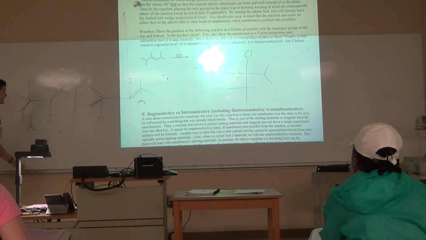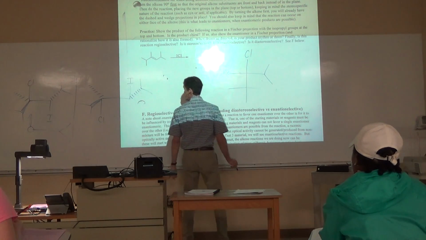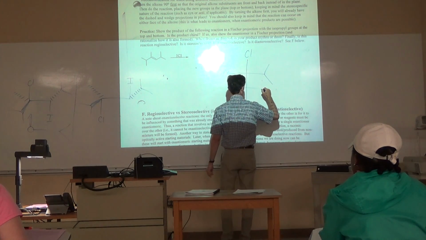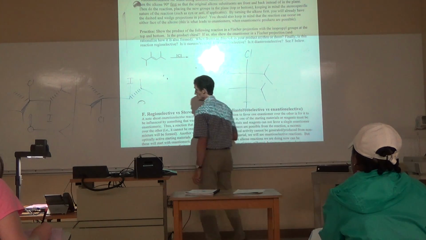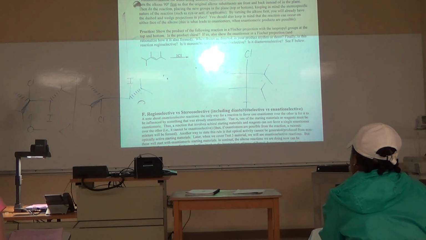Okay, if the iodine is going away, what side is the isopropyl on? That isopropyl. With the iodine going away, the isopropyl is also on the right. The other isopropyl, correct? Everybody agree?